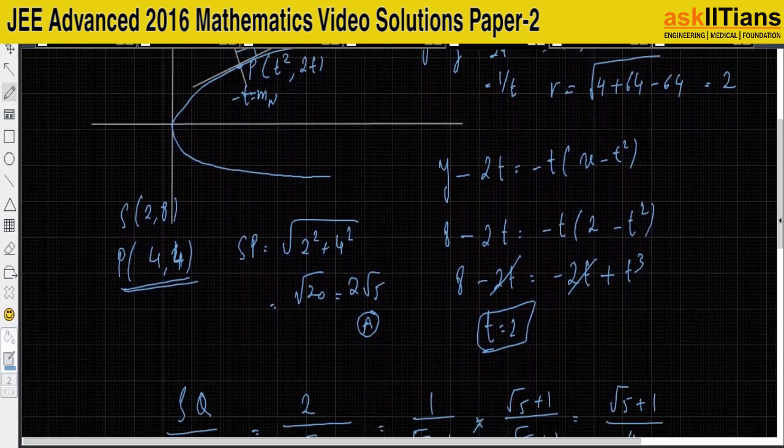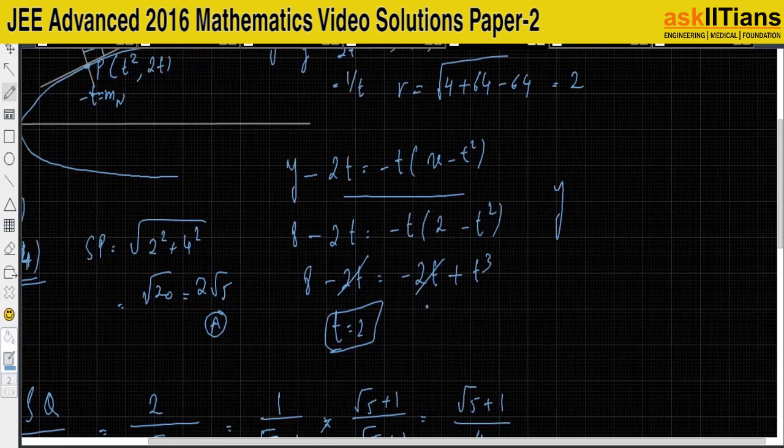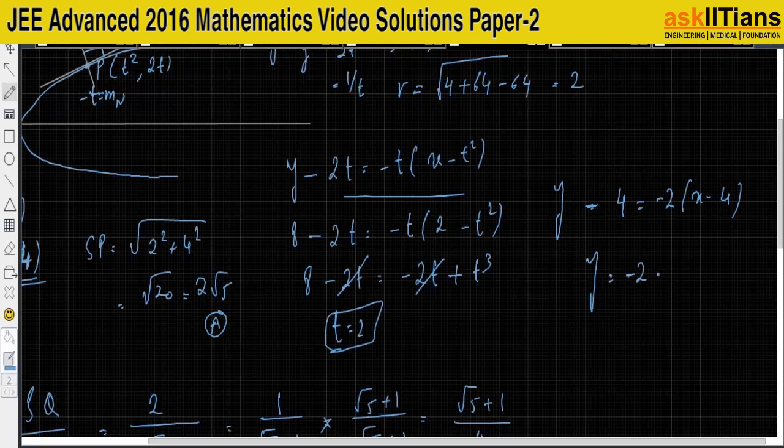Here I have already written the equation. So t is equal to 2, and y minus 4 is equal to minus 2 times x minus 4.